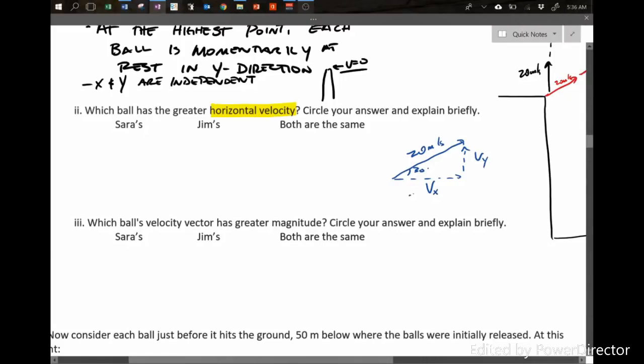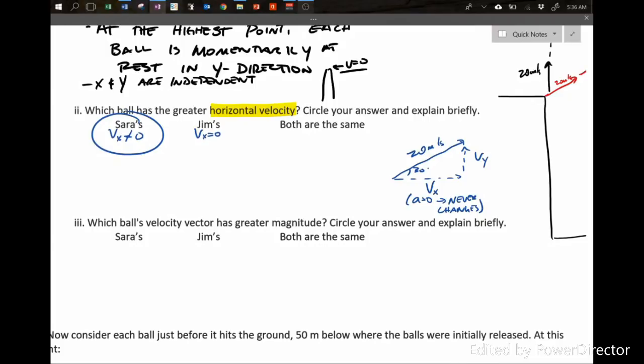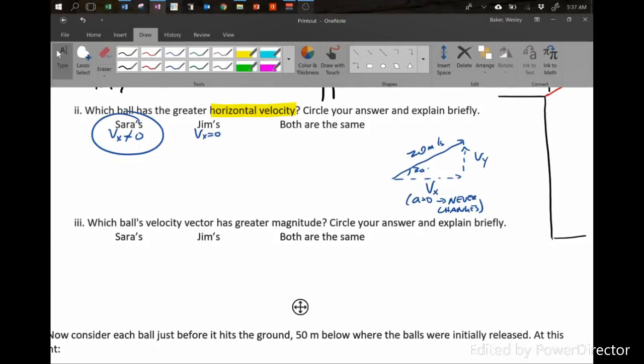Since the acceleration is 0 in the x direction, this x velocity never changes. So when we're at the top, Jim is at rest because he has no horizontal velocity at all. Sarah's x velocity never equals 0, even at the top, which means at the top, Sarah has the greater horizontal velocity. Part 3 here is still at the top. It's important not to forget that.